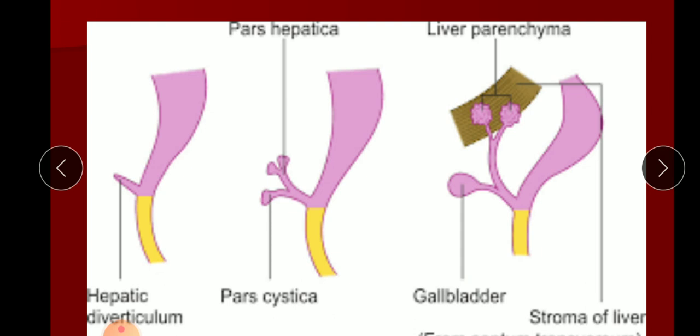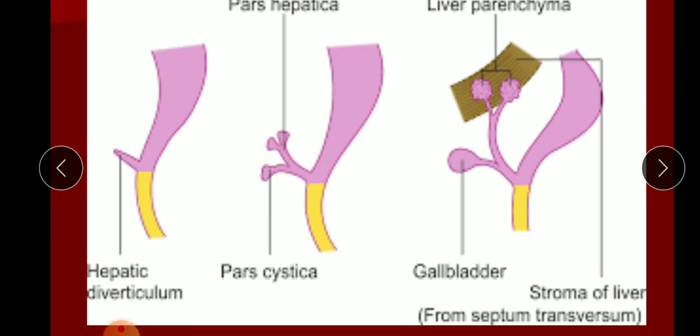Now this hepatic bud divides into a larger part termed the pars hepatica and a small part termed the pars cystica. Just look at those two names: pars hepatica and pars cystica. Now you can say what derivatives come from each.